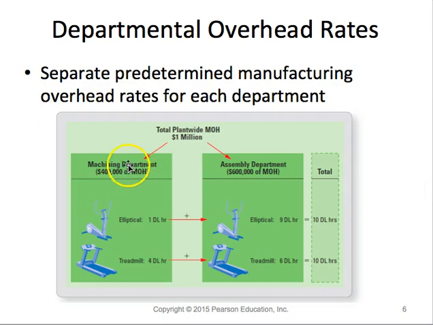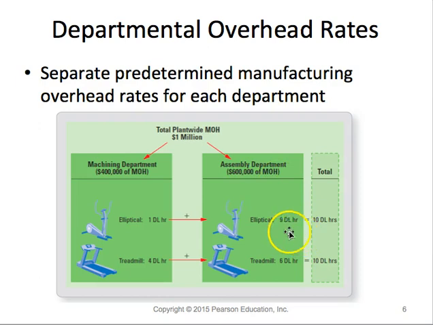Here we have two departments. One is the machining department, which is incurring $400,000 of manufacturing overhead. The assembly department is incurring $600,000 of manufacturing overhead.